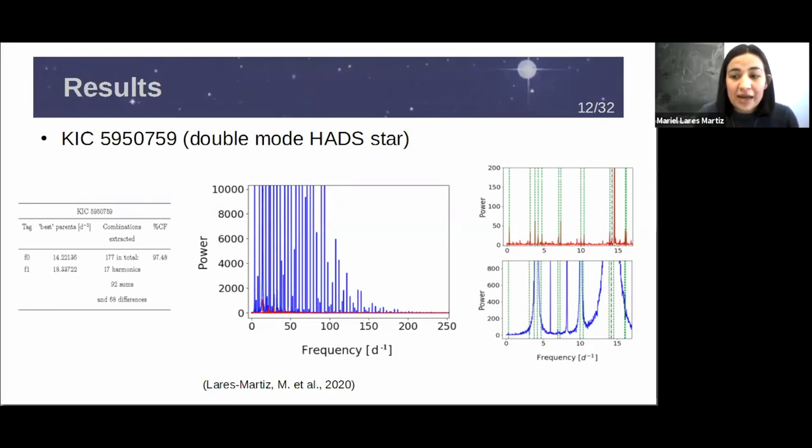These small amplitude, small frequency terms, which are captured with the subtraction combinations, do follow a pattern. So it's still a work in progress.